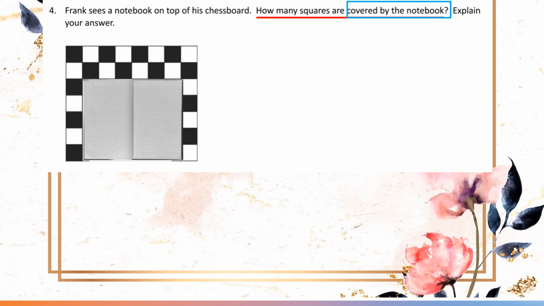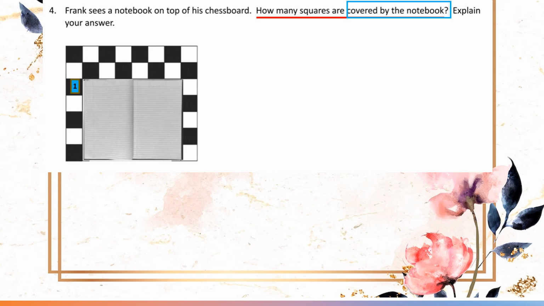This time, they're only focused on what's under the notebook, what you can't really see. But the good thing is you can use the tiles around the notebook to help you figure out what's actually under the notebook. All right, so let's go ahead and start with our tiles on the side for the length.